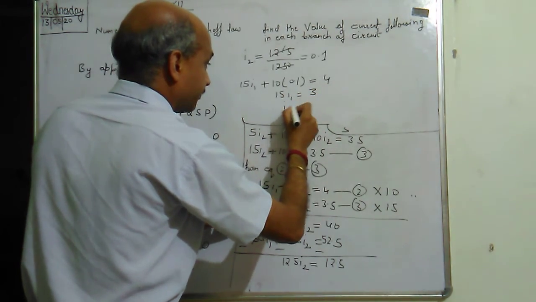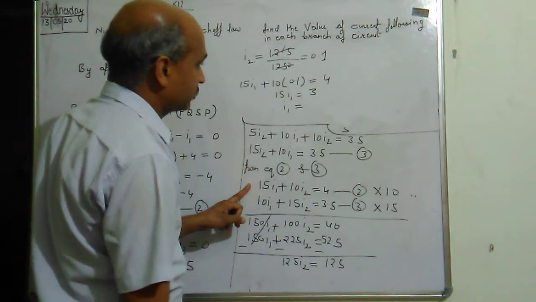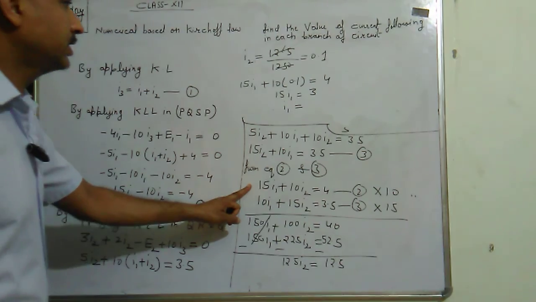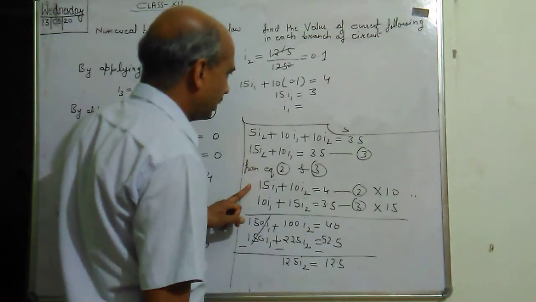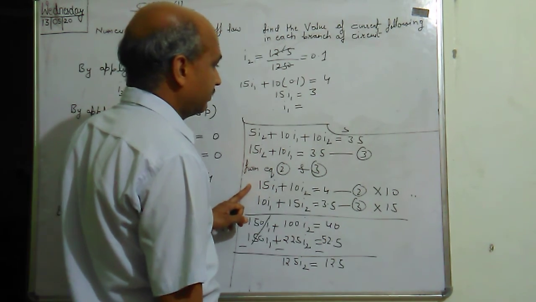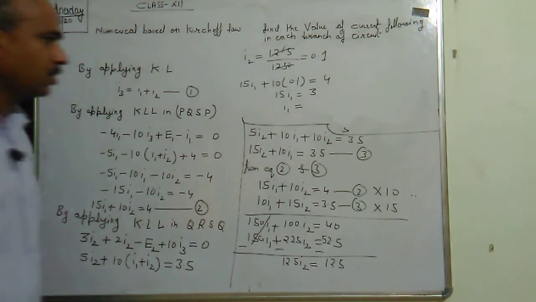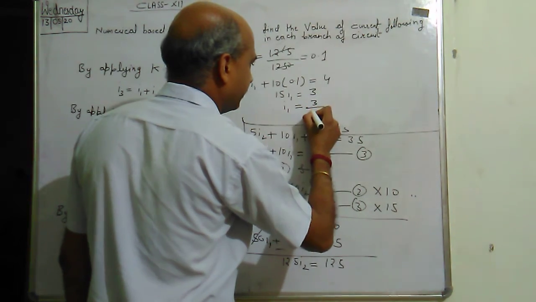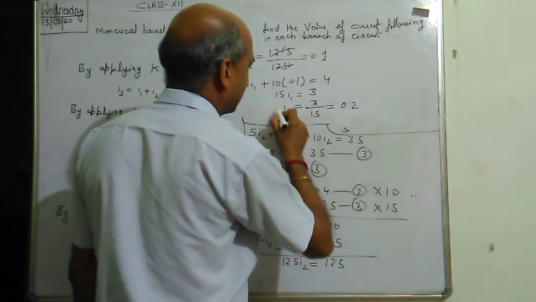So I1 equals to 3 upon 15, and we can solve it and we get 0.2. So this is the value of I1.